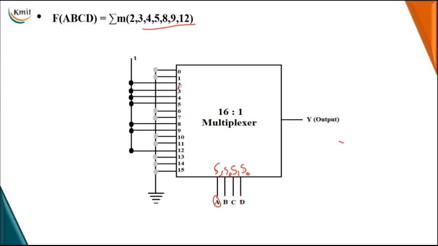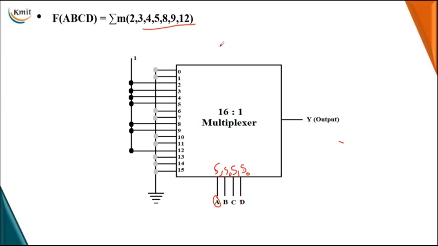So all these inputs 2, 3, 4, 5, 8, 9, 12 of the 16 by 1 multiplexer are connected to logic 1. The remaining inputs which are not inside the parentheses are connected to the ground terminal, that is, connected to logic 0. So based on your input variable combinations from 0, 0, 0, 0 to 1, 1, 1, 1, it will give you the functionality given by f of ABCD equal to sigma m of 2, 3, 4, 5, 8, 9, 12.